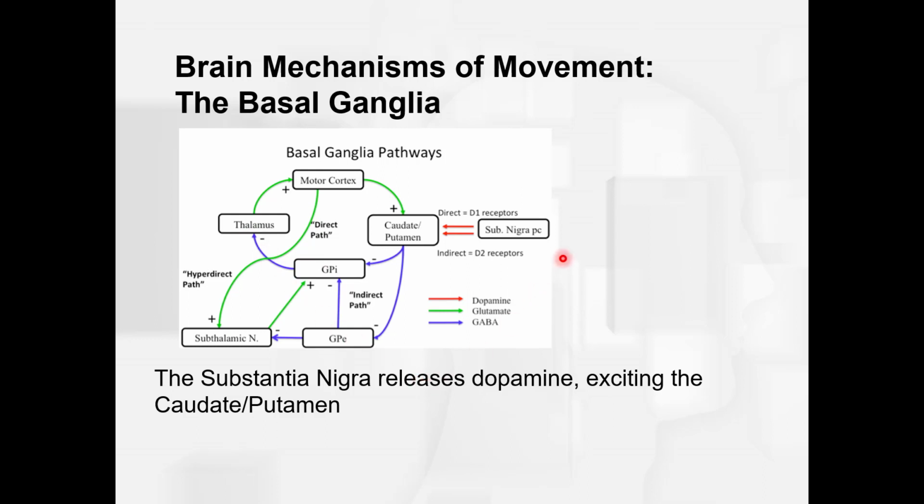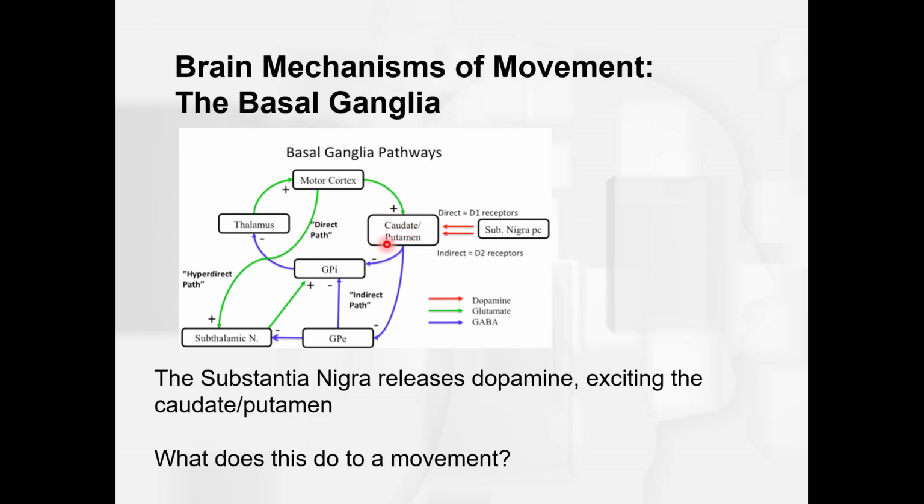So now, the substantia nigra releases dopamine, exciting the caudate putamen. What does this do to globus pallidus activity? The caudate sends inhibitory signals to the globus pallidus via GABA. It's going to inhibit the globus pallidus activity. So what does this do to movement? Substantia nigra fires action potentials, releases dopamine in the caudate.